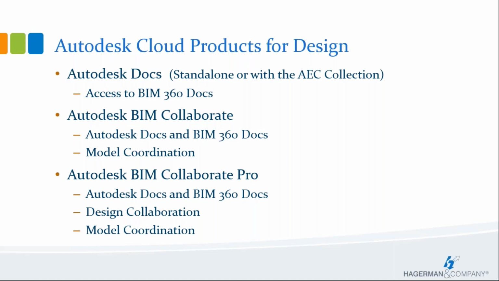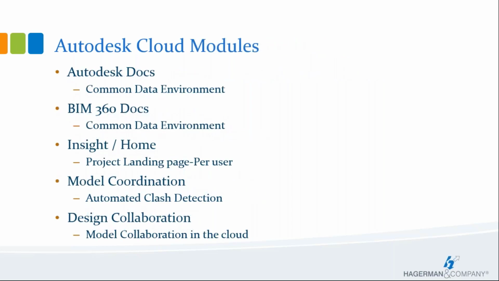So I thought before we jumped into the workflow, I'd take a closer look at the modules for those that might not be familiar with them and what's included with each one of them. So we're going to focus on the workflow of the four modules that most project members will have access to in BIM Collaborate Pro.